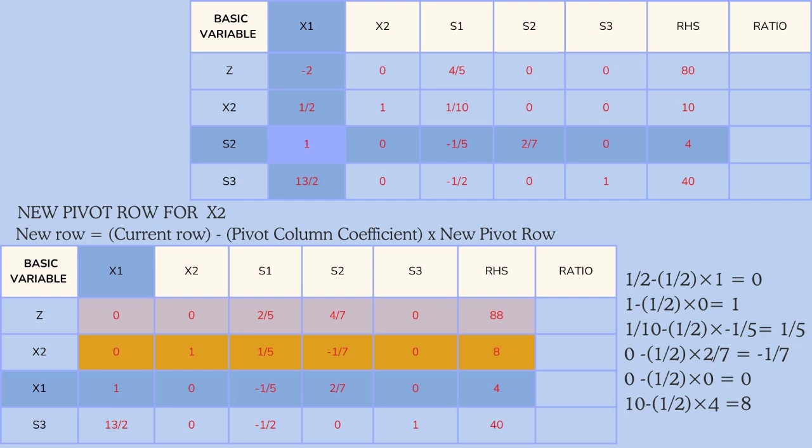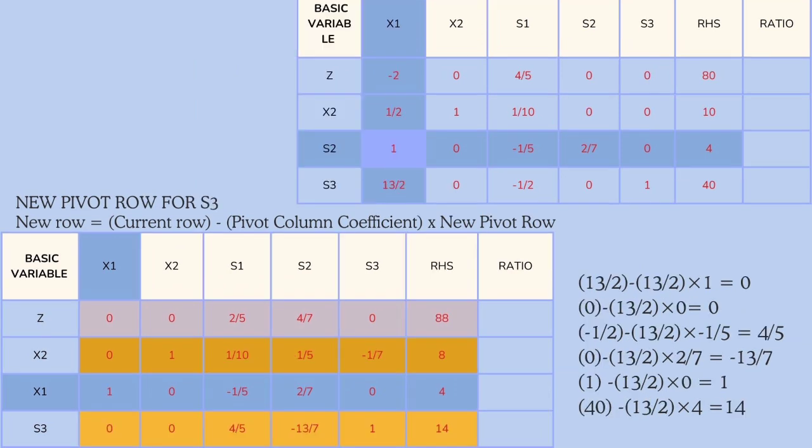So, let's continue. Nasa S3 na tayo. Kagaya lang ng always na ginagawa natin, hanapin natin yung current row, pivot column coefficient, and yung new pivot row. Ang current row natin is yung row lang ni S3, which is yung 13 over 2, 0, negative 1 over 2, 0, 1, 40.